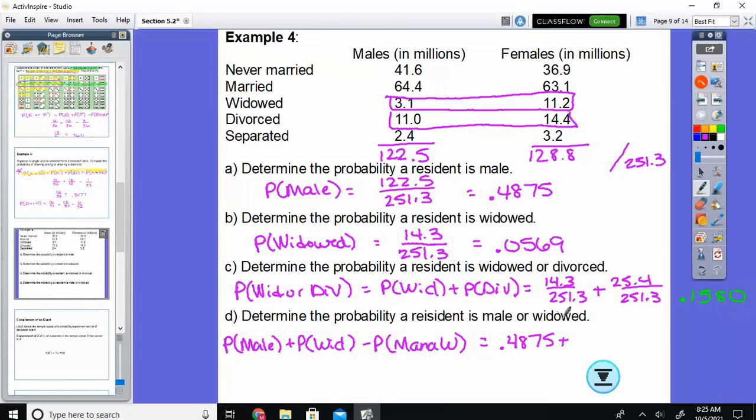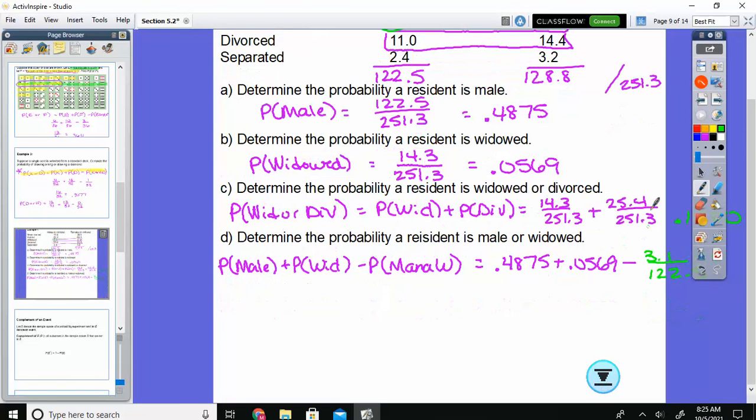I'll just do my decimal. Plus probability of being widowed, we found that in part B. Minus the probability of being both a male and widowed would be 3.1 over my 122.5.